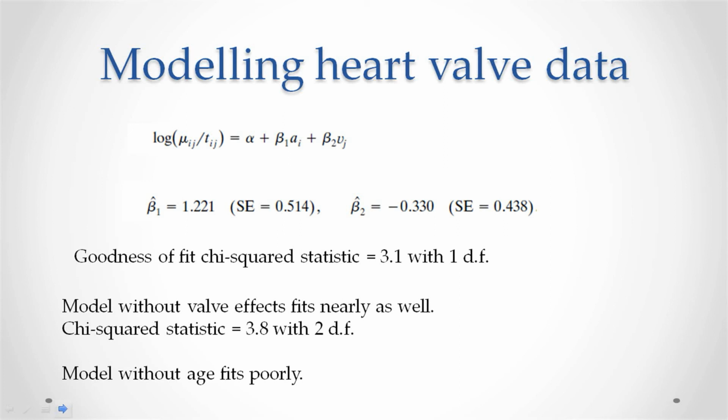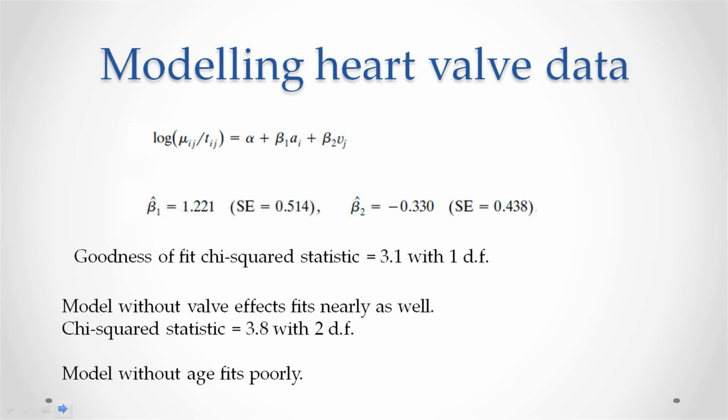So given Tij, the expected rate is mu ij by Tij, and the model is log of mu ij by Tij equal to alpha plus beta 1 Ai plus beta 2 Vj. So we can then use the standard maximum likelihood techniques, treating the Nij as our outcomes and Ai and Vj as the covariates, with Tij as an offset.